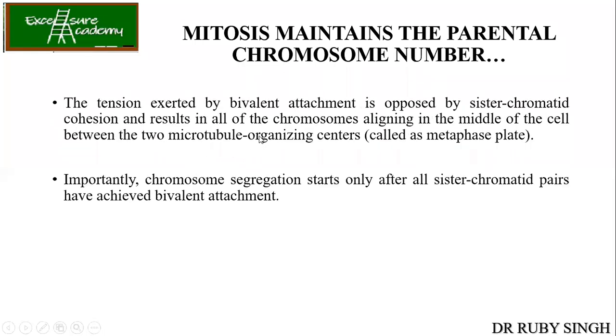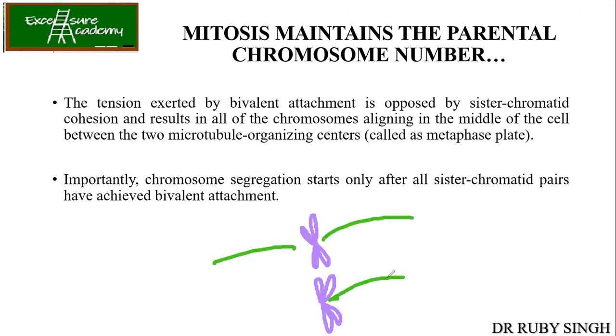Now, the tension exerted by the bivalent attachment is opposed by sister chromatid cohesion and results in all of the chromosomes aligning in the middle of the cell between the two microtubule organizing centers, which is called the metaphase plate. So what exactly are they talking about here? Let us say there are two chromosomes in the cell. Now the spindle fibers are going to attach over here and over here, right? This is called your bivalent attachment.